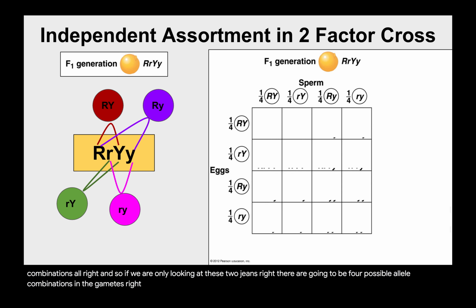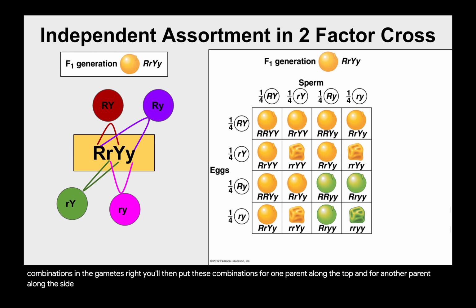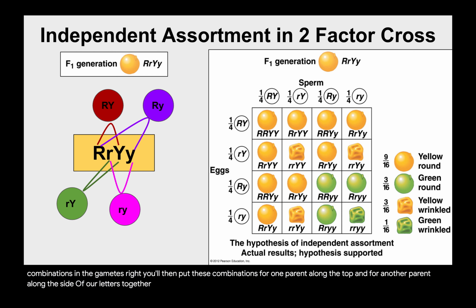You'll then put these combinations for one parent along the top and for another parent along the side. Match all of our letters together, and because this one's independently assorted, we would find that we have a 9:3:3:1 ratio for their phenotypes.